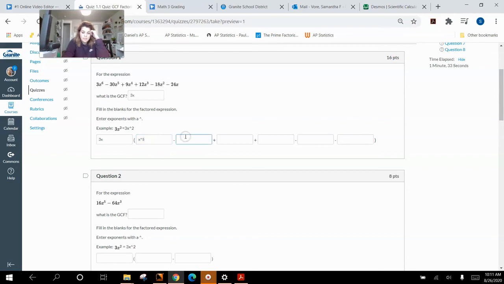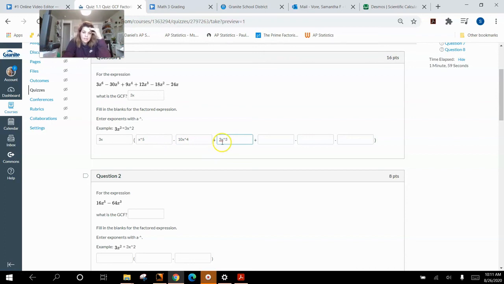Then there's a minus, so all I need to type into the next one is 10x, shift 6, and it gives you that little caret, like a bottomless triangle, to the 4th. And don't put any spaces in. When you guys do Canvas, don't ever use spaces because it'll mark you wrong. The next one should be 3x caret to the 3rd.